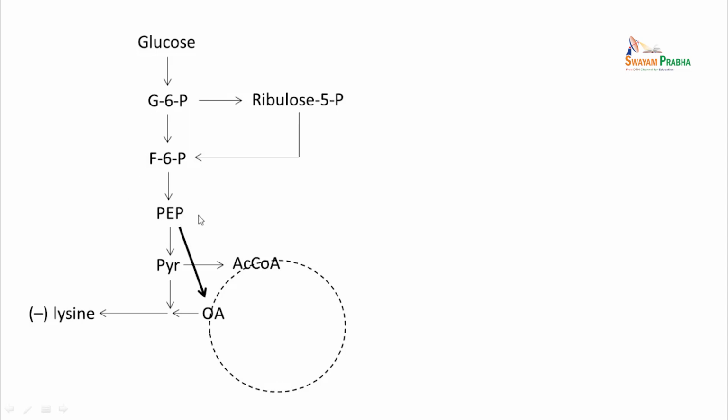Phosphoenol pyruvate here goes to oxaloacetic acid and then to lysine. Pyruvate can also go through to lysine, and there is another branch point here from pyruvate to acetyl-CoA. People would recognize that this is the TCA cycle, which is indicated by the dashed circle here.